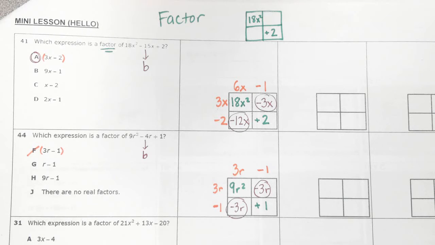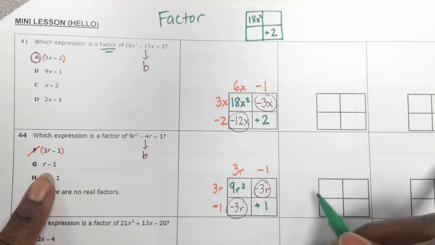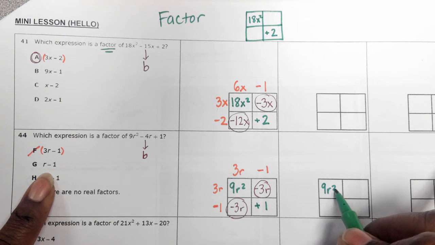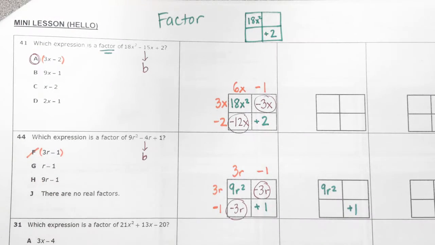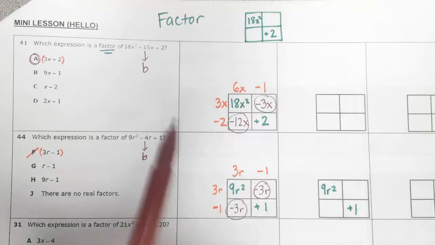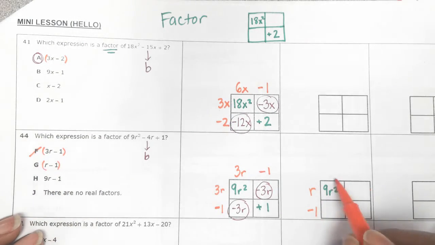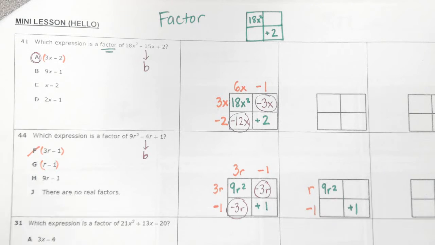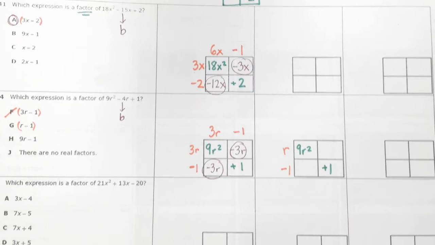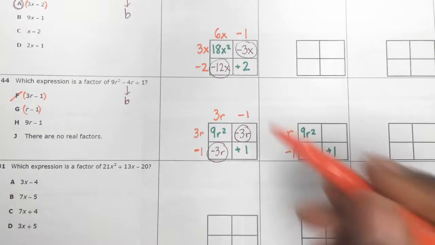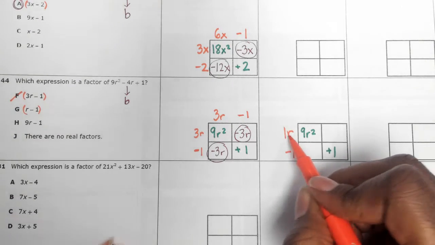So now I'm going to try G, same setup, 9r squared plus 1. However, G is only one of the factors they give us. They don't give us the other one. We got to see if it's going to work. Earlier, one of my students said, Miss, don't forget to put the 1 in front because there's an invisible 1.